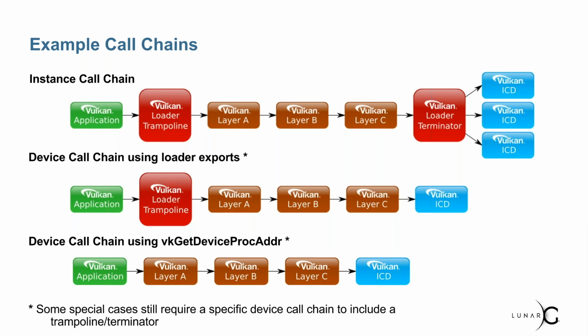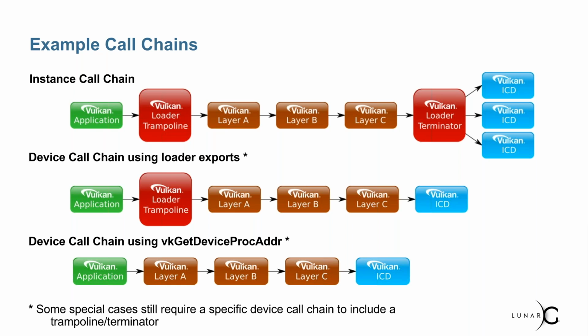Now, this is what we recommend. If you have an application and you want the best performance whatsoever, for every device call, use vkGetDeviceProcAddr, even if it's already exported by the loader. The benefit is, if you use GetDeviceProcAddr, it skips the trampoline.